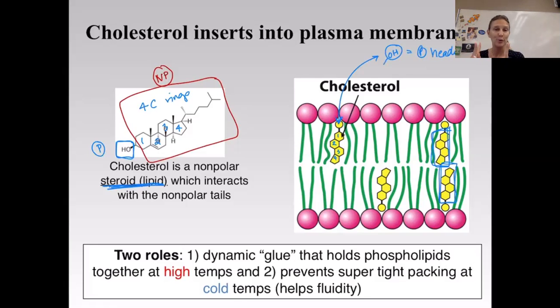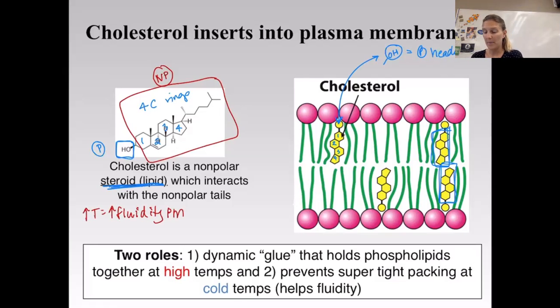And it has 2 different roles depending on the temperature of the organism. So the first one is at high temp. At very, very high temperature, what happens is that the fluidity of the plasma membrane is way, way up, right? It's a very, very high fluidity.